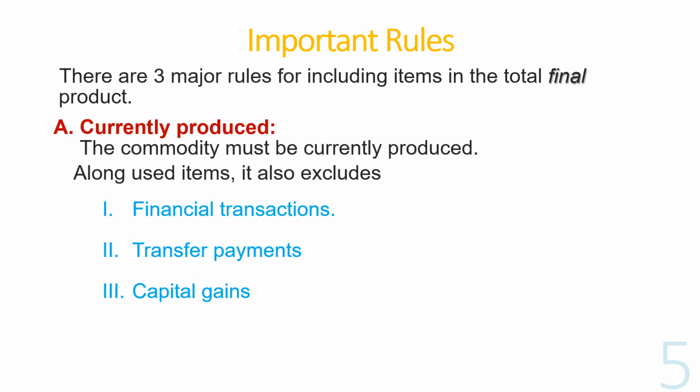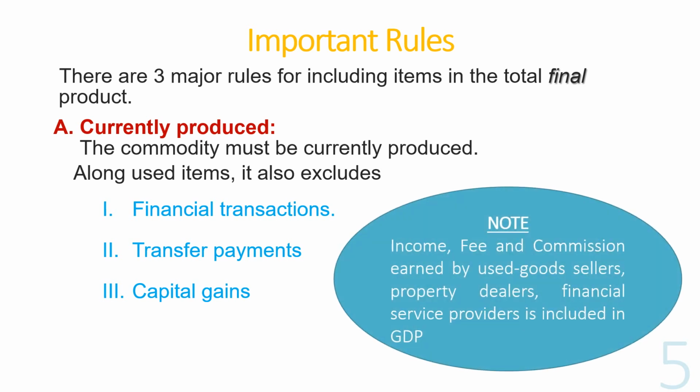It is also important to note that income, fee, and commissions earned by used goods sellers, property dealers, or financial service providers are included in GDP. Can you answer why this is so?